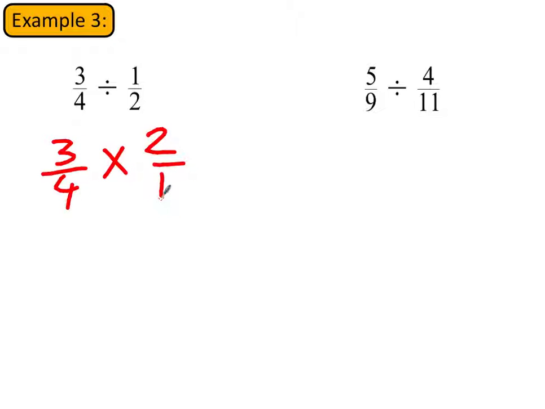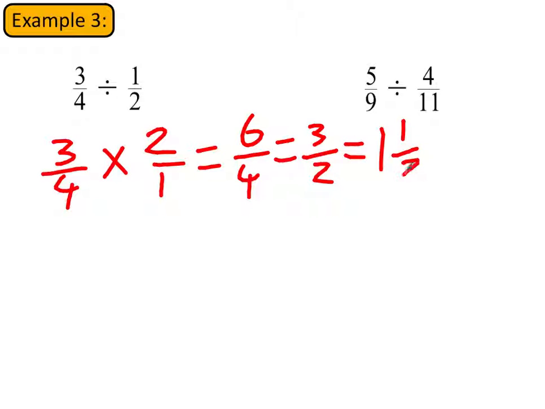If we change the division sign into a multiplication sign, we can undo the division by doing the inverse of a half, which is 2 over 1. Now, working that out in the same way as the previous questions is going to be 6 over 4, which is 3 over 2, which you would prefer to write as 1 and a half.